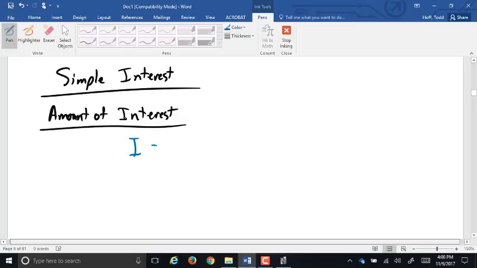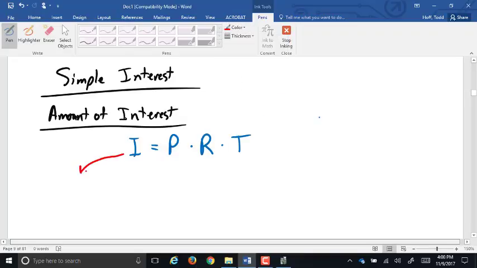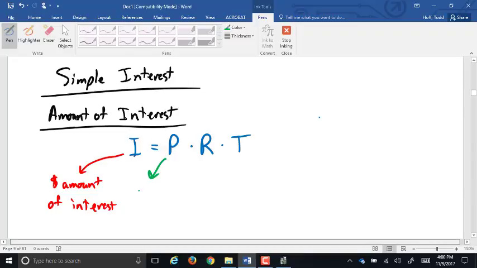The amount of interest, which we're going to use the letter I for, is equal to principal times rate times time. So in this formula, I is the dollar amount of interest. P is the principal, that's the starting amount.